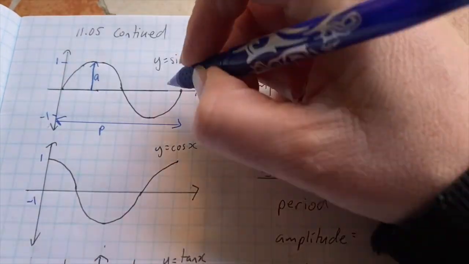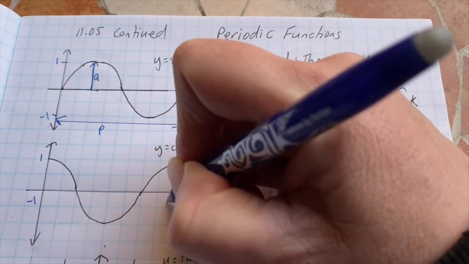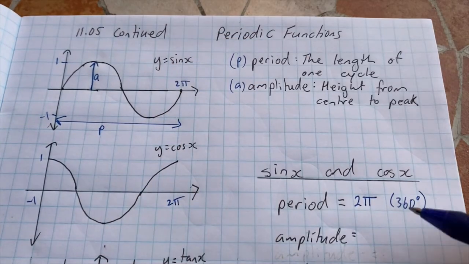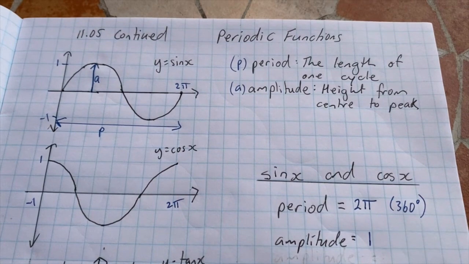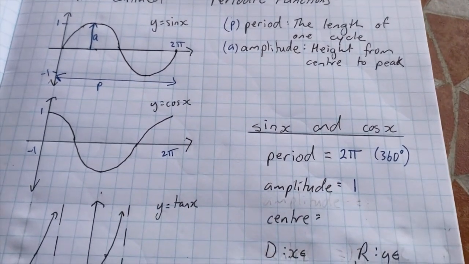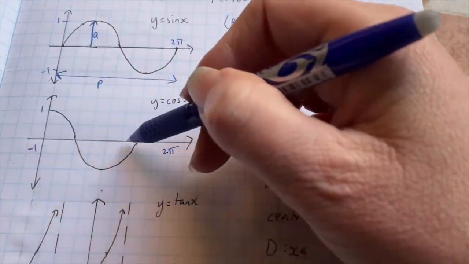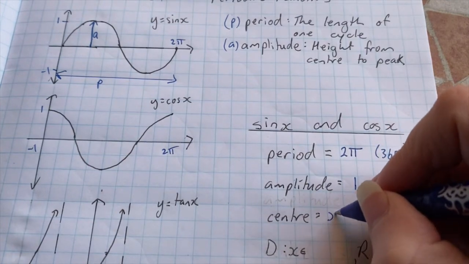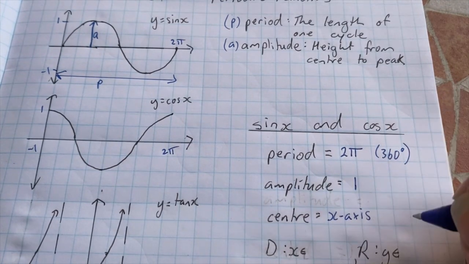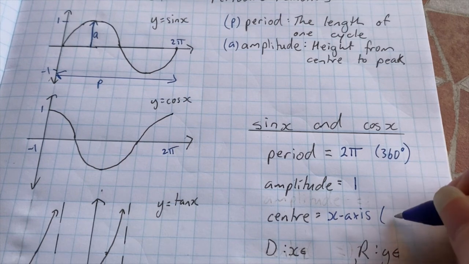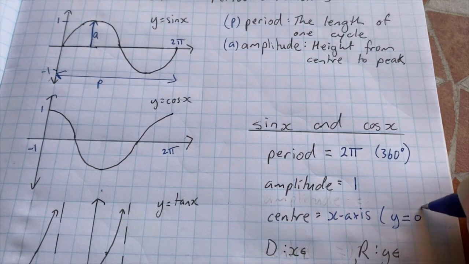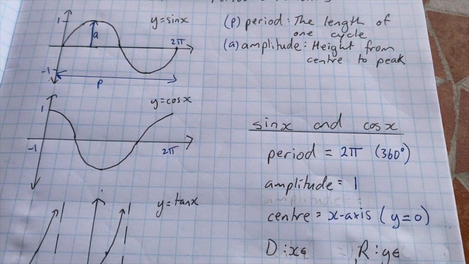So the amplitude for each of those is 1. The center for each of them is the x-axis along the middle there. And remember, of course, the equation of that line is y equals 0. Now let's look at the domain and range of each of those.